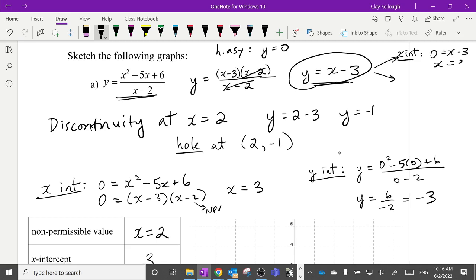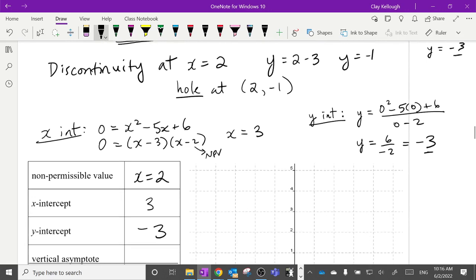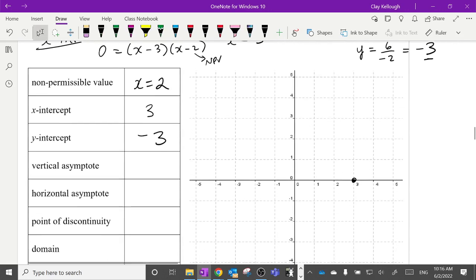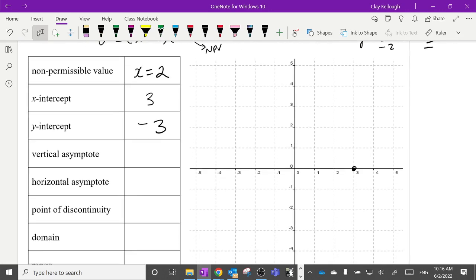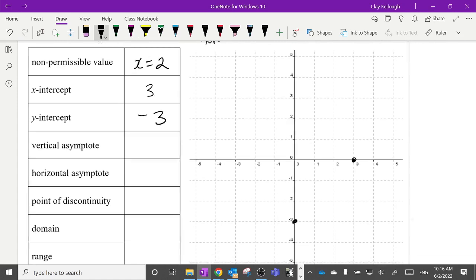Oh yeah, x equals 3. Let's find the y-intercept. Do we get the same thing that we did in this one? We should. What happens when x is 0? Negative 3. So yeah, from now on, as long as the non-permissible value isn't an intercept, we could just use the simplified version of the equation. So there we go. We have our x and y intercepts at 3 and negative 3.